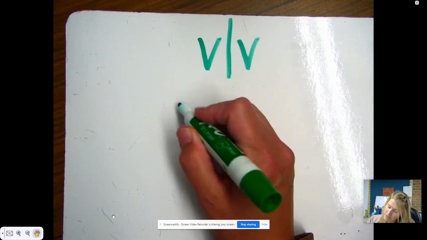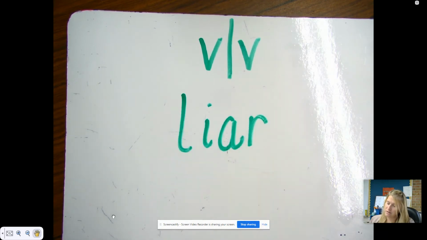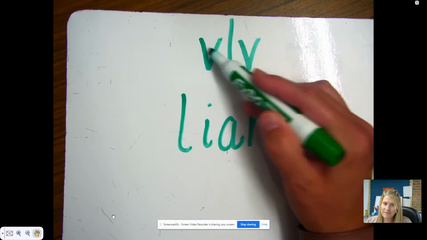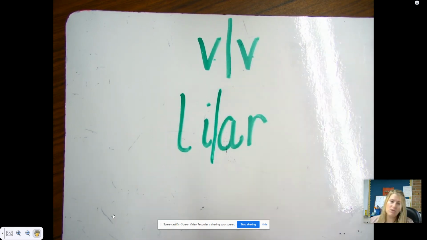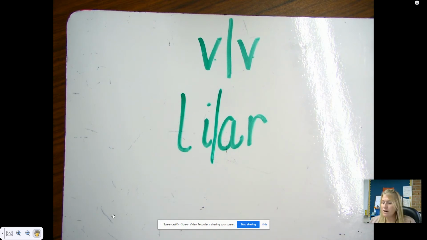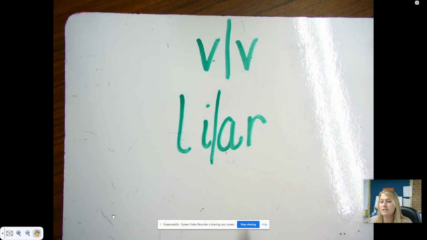So let's read the word liar. All right, liar, that IA doesn't make a sound together. So as this pattern shows, we're going to separate those. And we're going to find that a lot of times this first vowel, I might say, is its long sound.